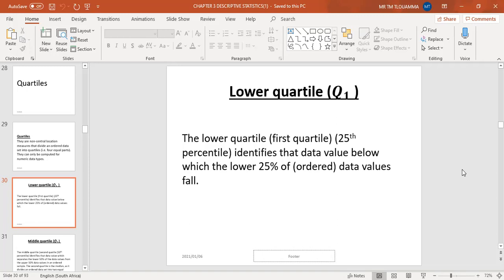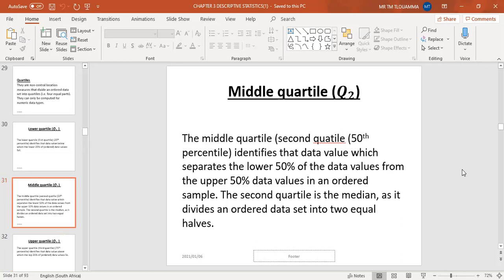Then secondly, we're having the Q2. Q2 is just straightforward, it is the middle quartile. Since it's Q2, it's represented by the 50%, which is the second quartile or the middle quartile. It identifies the data value which separates the lower 50% of the data values from the upper 50% of the data values in the ordered sample.